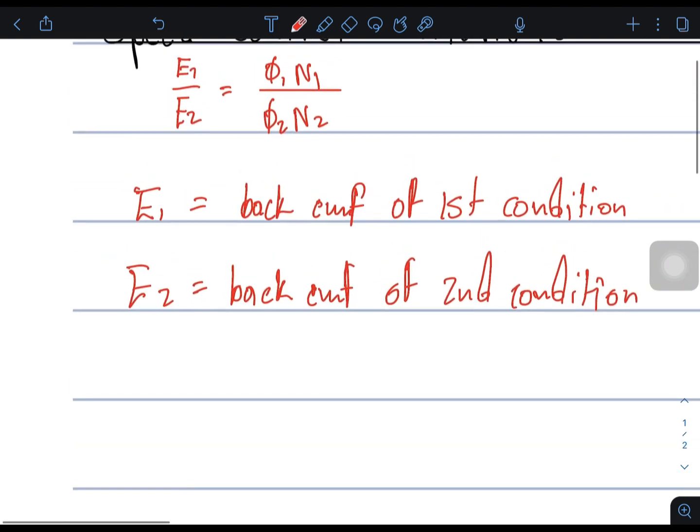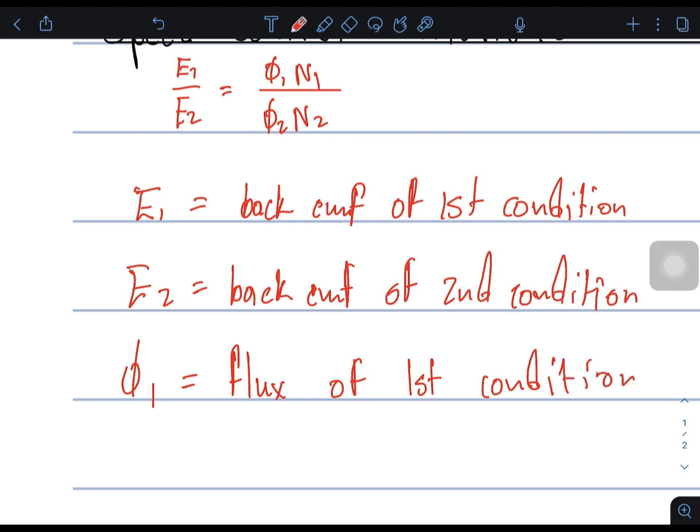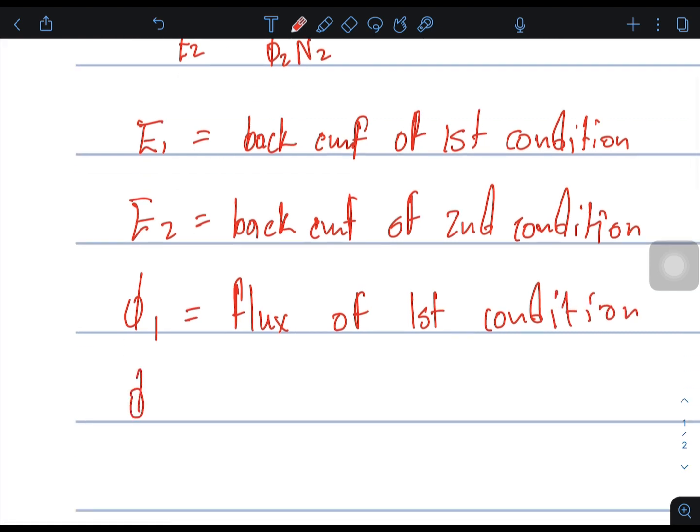Then we have flux 1, a flux of a first condition. Okay, then flux 2, a flux of a second condition.